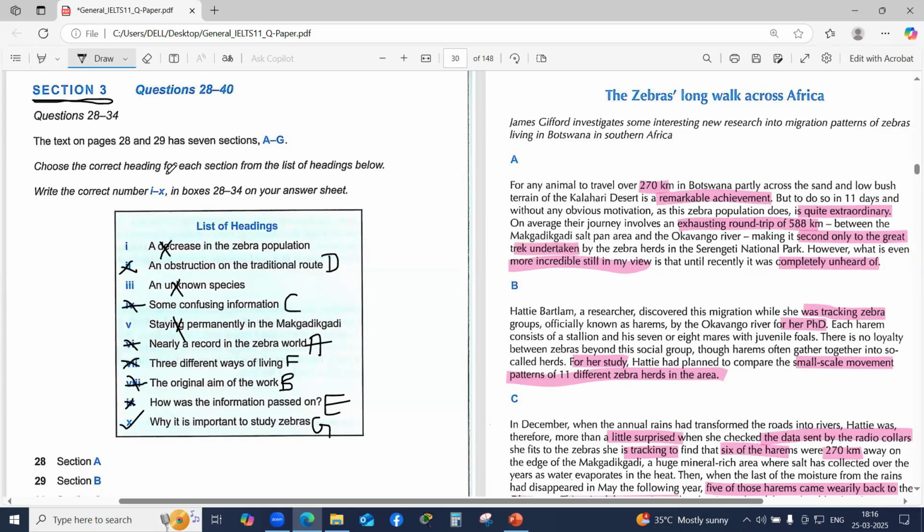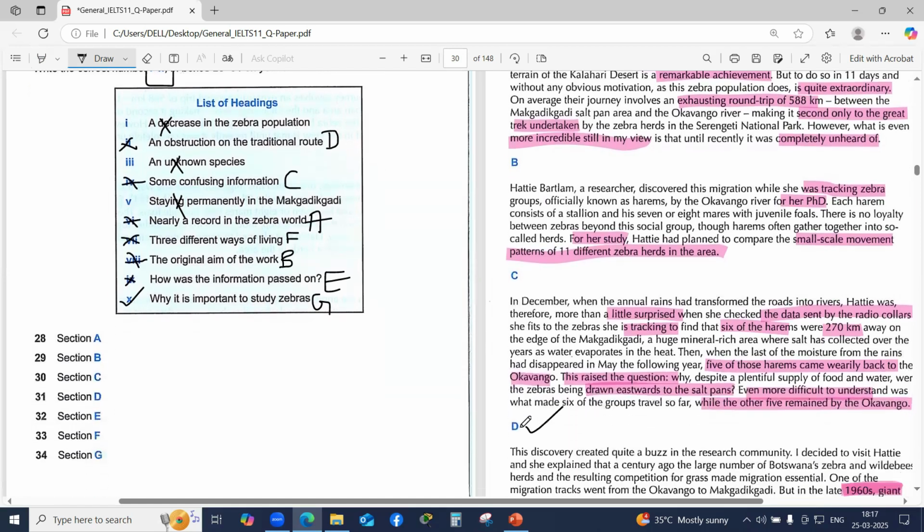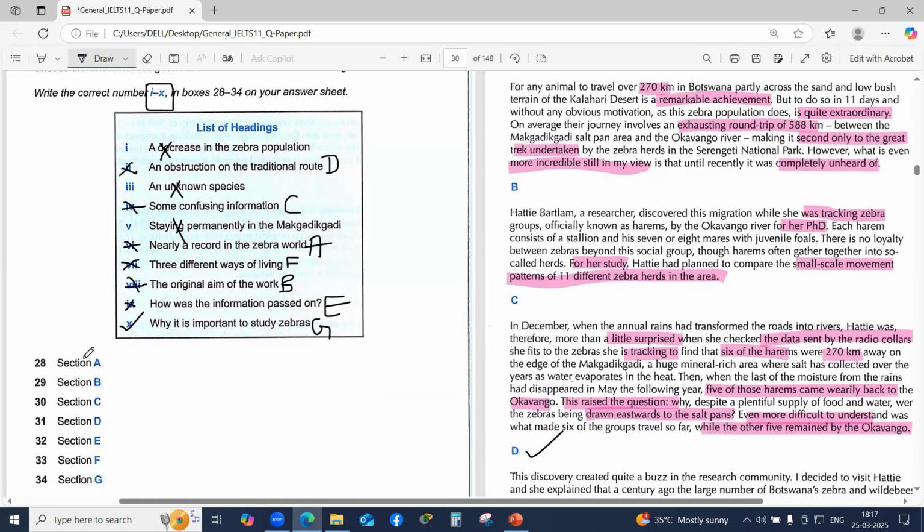And in your exam, you have to write the Roman numerals next to the boxes 28 to 34. Like 28, if you see here, 28 is A. A will be Roman number 6, right? 28, Roman number 6.